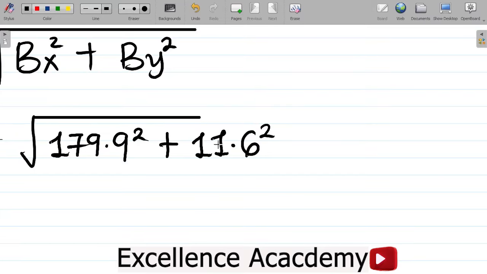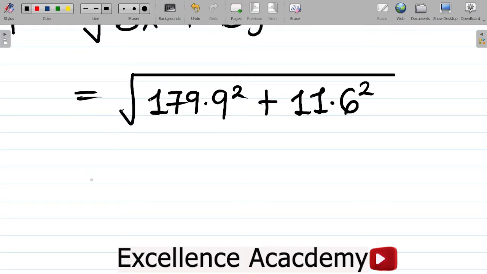Each of these terms, we'll square them and see what the value is. So I'll punch 179.9 squared plus 11.6 squared.